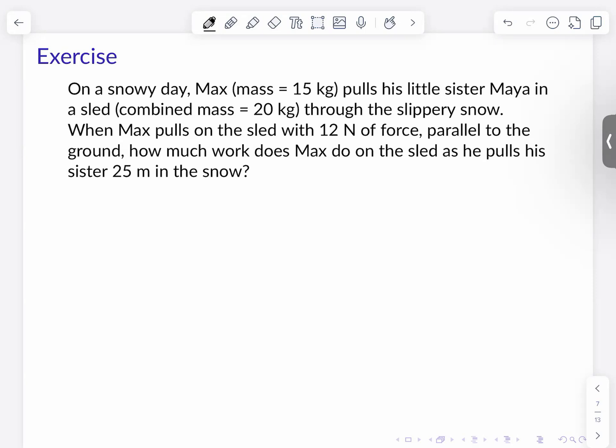You know how when you sometimes pull something and it's heavy? The pull is parallel to the ground. He's moving along the ground. Attention to detail. Okay, time's up.